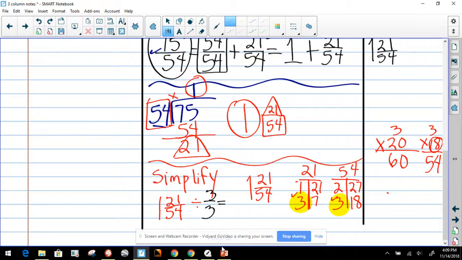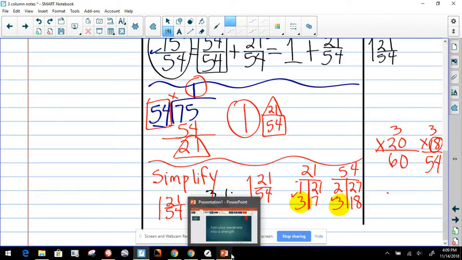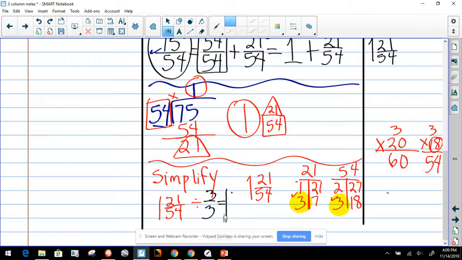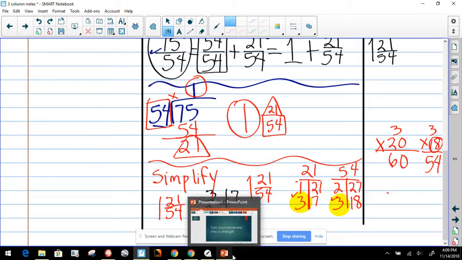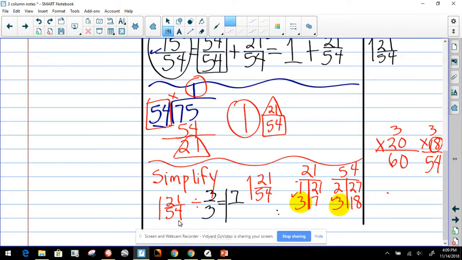The 1 stays the same, and you say how many times the 3 goes into the 21, and the answer is 7. And now we say how many times that 3 goes into the 54, and we already know the answer is 18. So this will be the simplification of the problem.